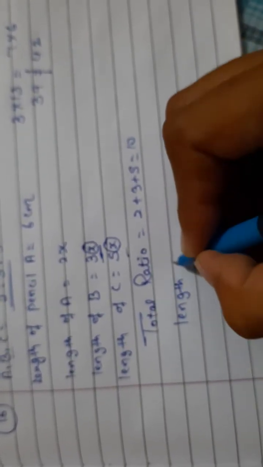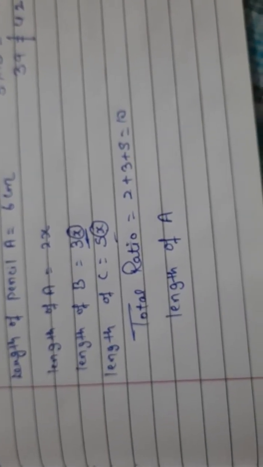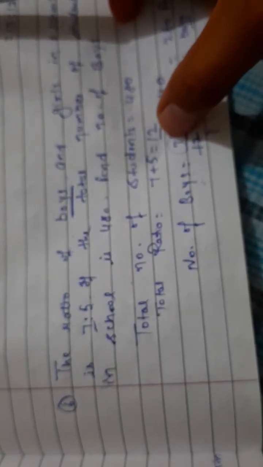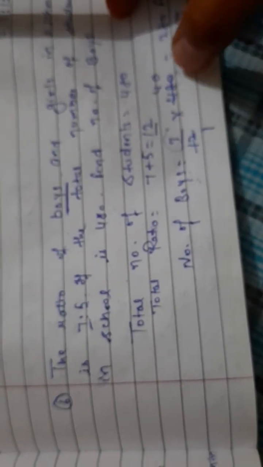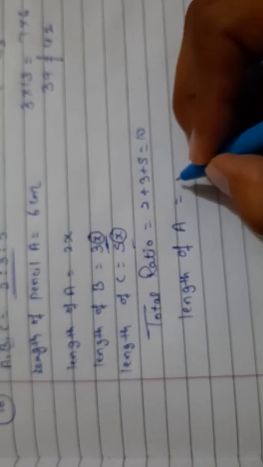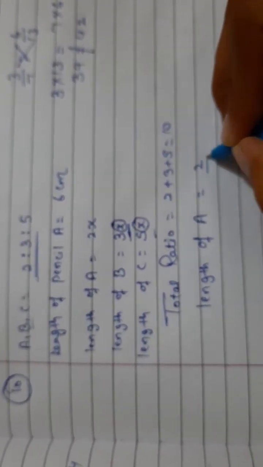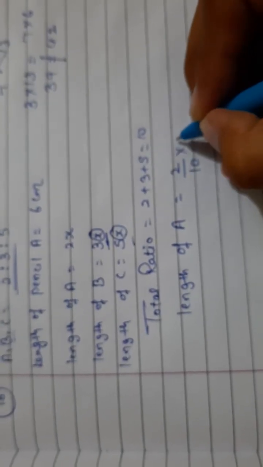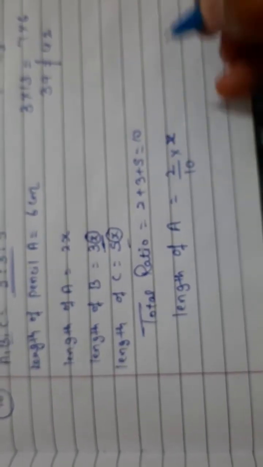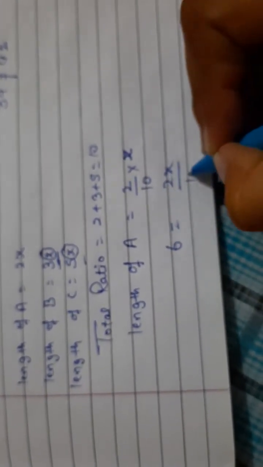If we have to calculate the length of A, I told you in that earlier question where the total number of students was given and we had to calculate the number of boys: upper side ratio of boys, downside total ratio, multiply by total students. Same here we will do. For the length of A, we will write upper side ratio of A 2, total ratio 10, multiply by total pencils, suppose x. The length of A is given as 6, so 2x by 10 is 6.